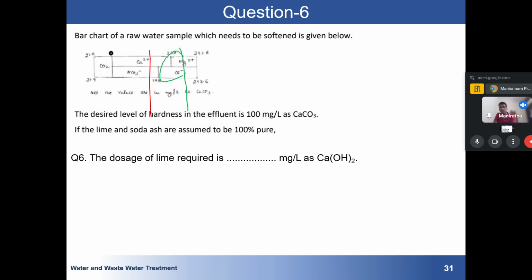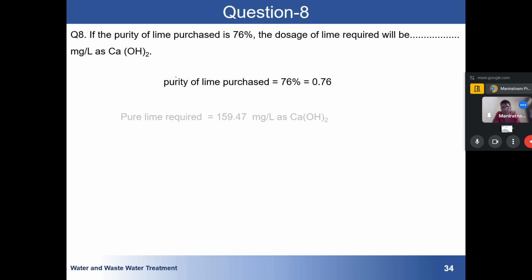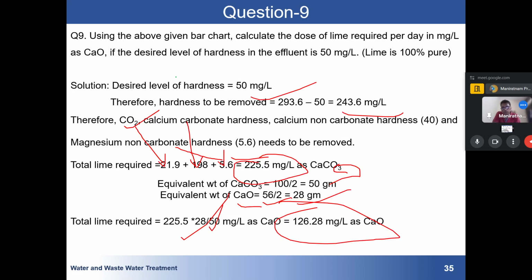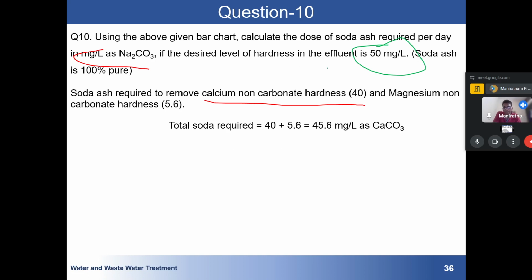For removal of non-carbonate hardness I require some other thing. Remember, only this much non-carbonate hardness is how much, this much plus whatever area is in this. We will calculate it, and we have already calculated it. How much have we calculated? We have calculated this 40 plus 5.6.